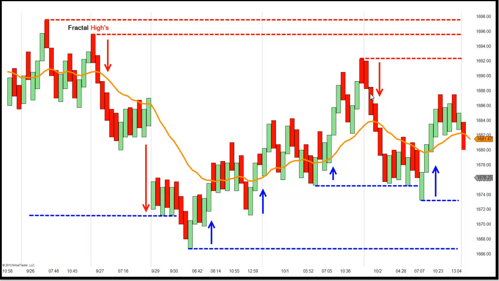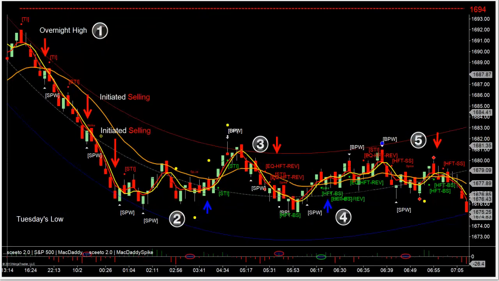The market failed to trade above yesterday's close and did not retest the overnight high. Minor selling pressure developed, and the S&P pulled back to 1682 and auctioned back up to retest the high into the close. For a more detailed look at Wednesday's market developments, we'll turn our analysis to the 5-tick range chart.